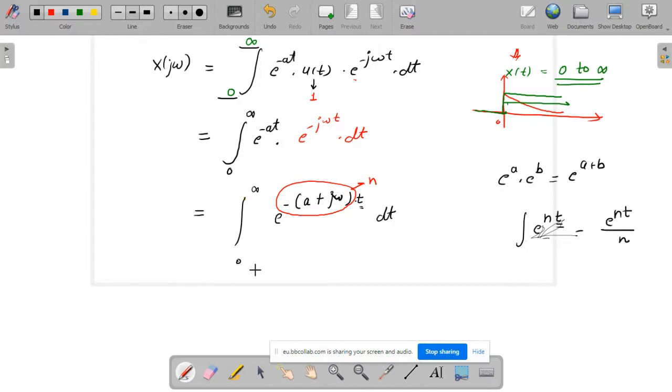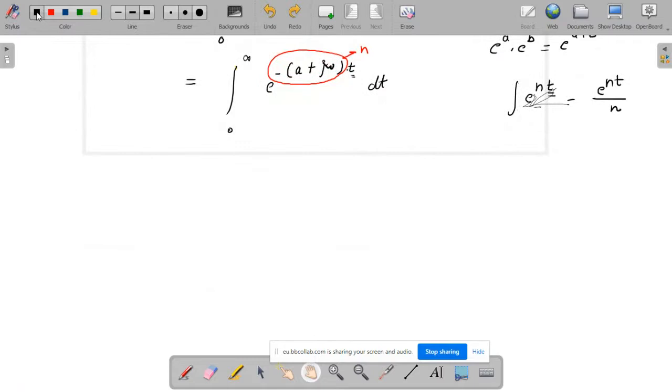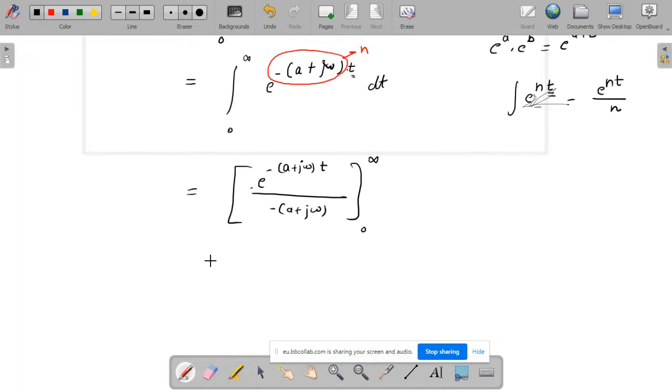This is the formula, so use this formula. So e to the power minus (a plus j omega) t divided by minus (a plus j omega), and then 0 to infinity is the limit.